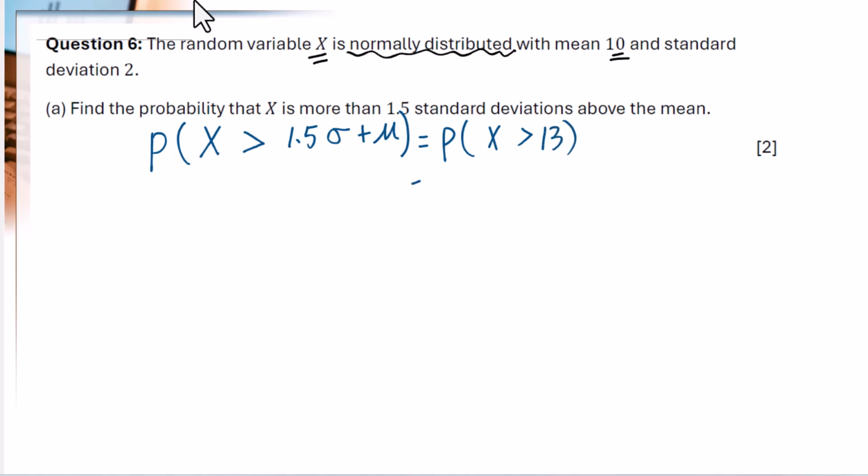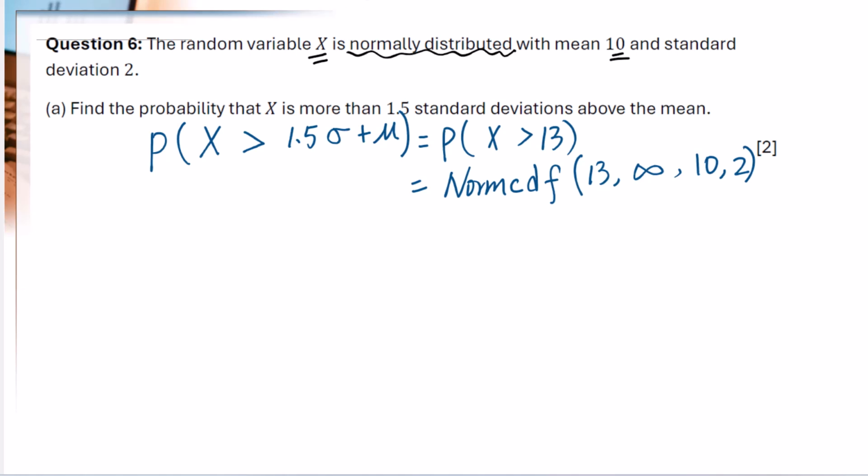We have to use normCDF. Lower bound is 13, upper bound is positive infinity, mean 10, standard deviation 2.